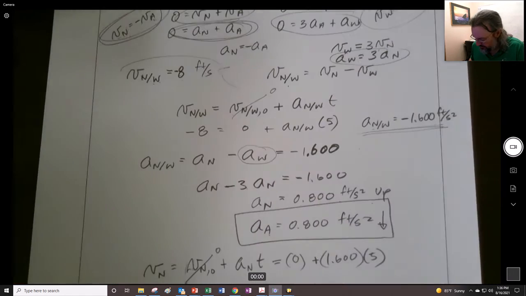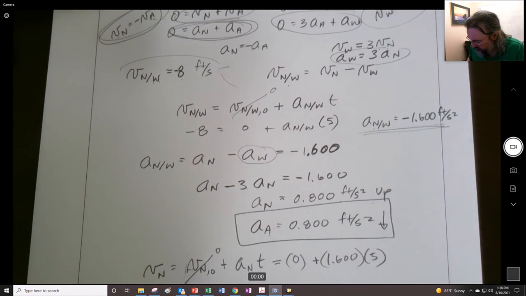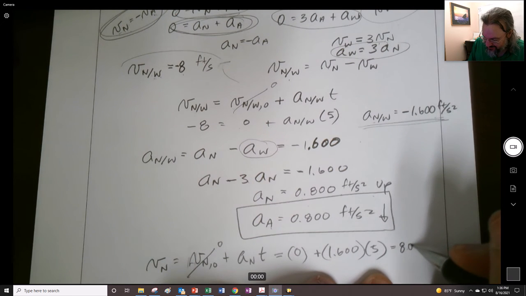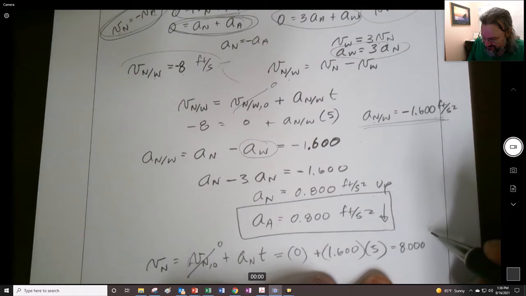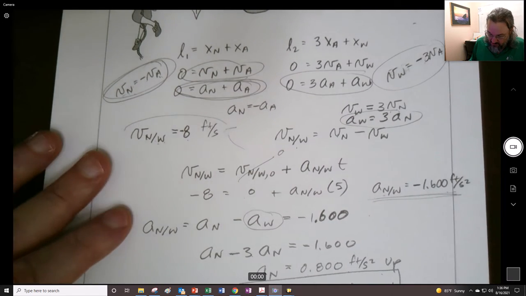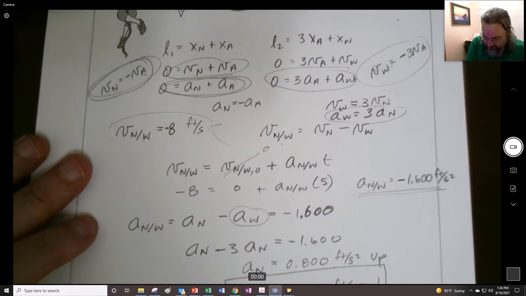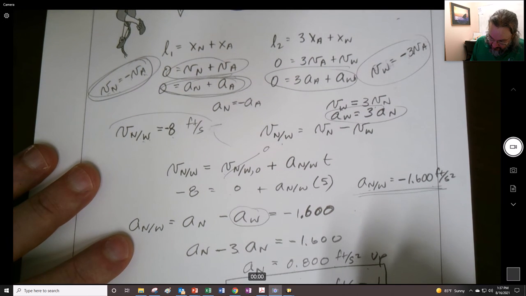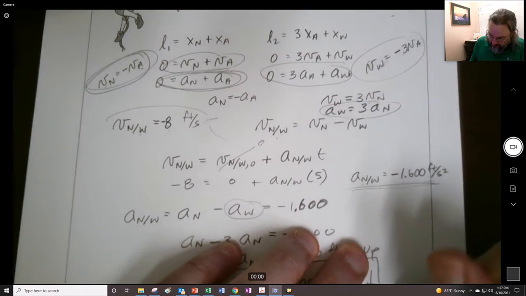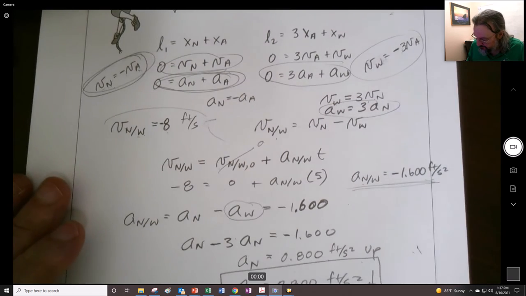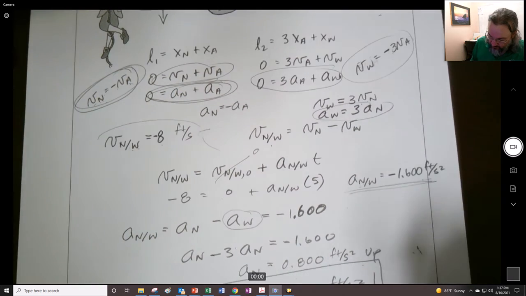is that going to be like 1.65 times? That's going to be 8. No, that was stupid. Okay, so that's 8 feet per second. Oh wait, does that make sense? Yeah. No. That's supposed to be 0.8, dummy. All right, so that makes like 4, right? Yeah, 4 feet per second.